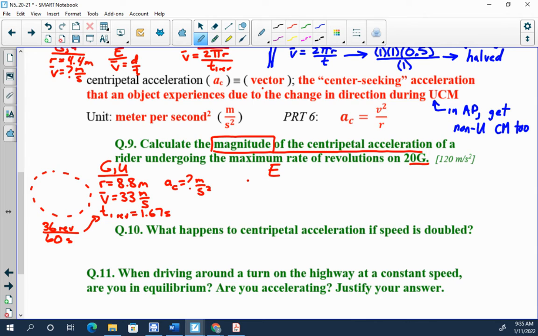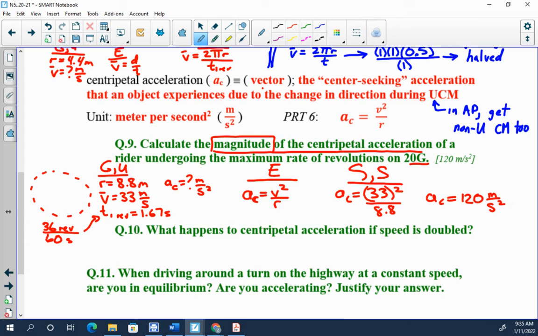Equation here. The equation is AC equals V squared over R. And since we already know that V is 33, we square that, put it over R, which is 8.8. You will get an answer of roughly 120 meters per second squared.